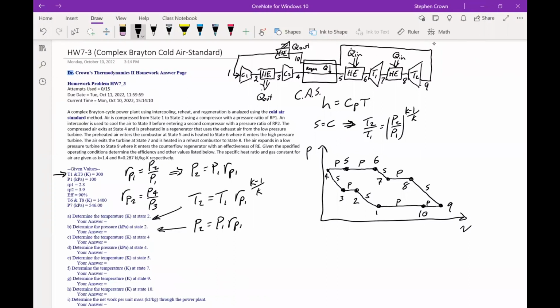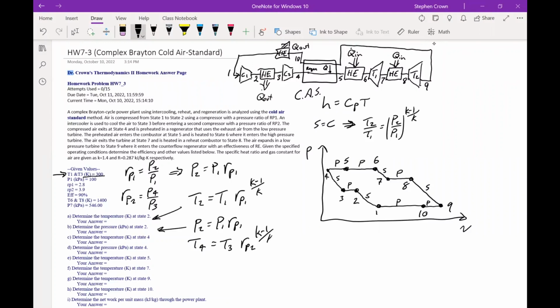So for T4, we use the same expression we did for T2, except we change it to T4 divided by T3 equals the pressure ratio. This time it's a different pressure ratio. So T3, which is given, same as T1, T4 equals T3 times RP2 to the K minus 1 over K. So that is going to give us T4.